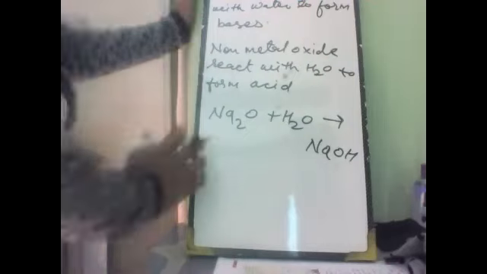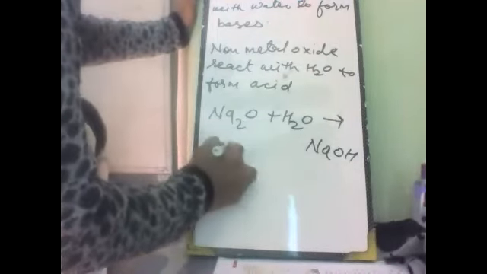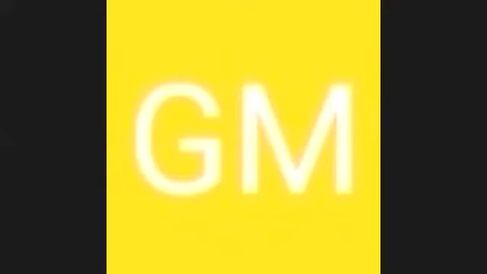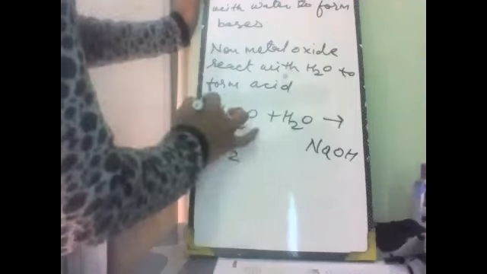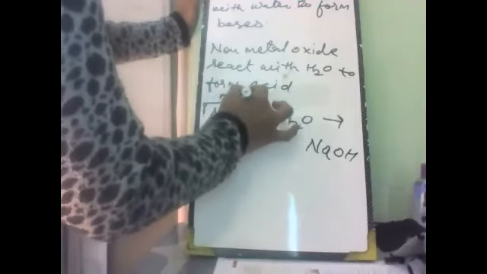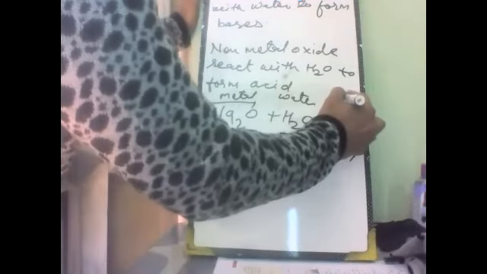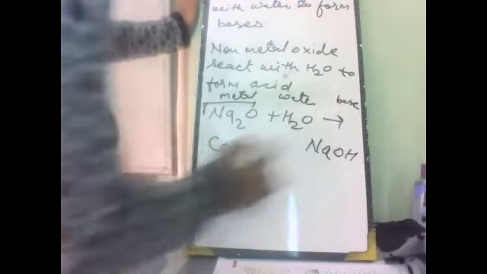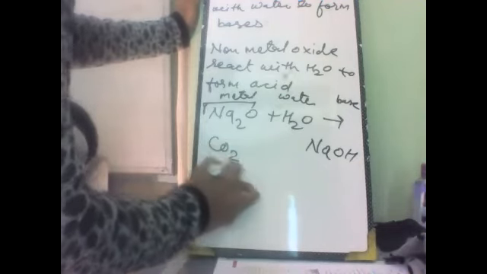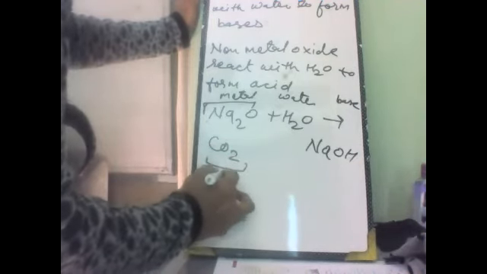These are the metal oxides. I have to finish this topic. Na2O reacts with water and forms a base. Then CO2: carbon dioxide is a non-metal.